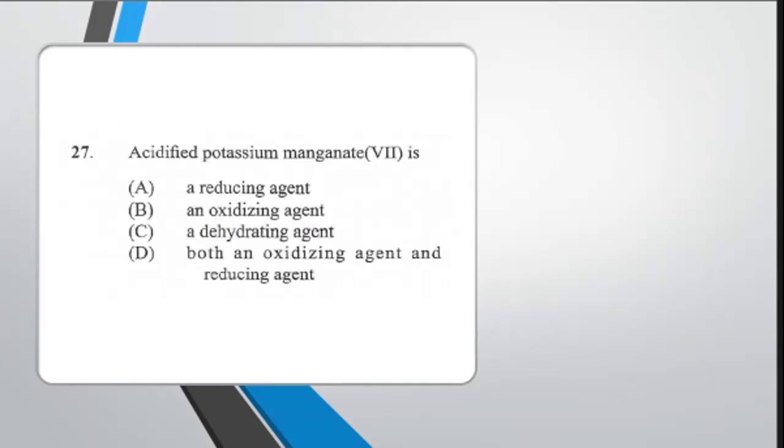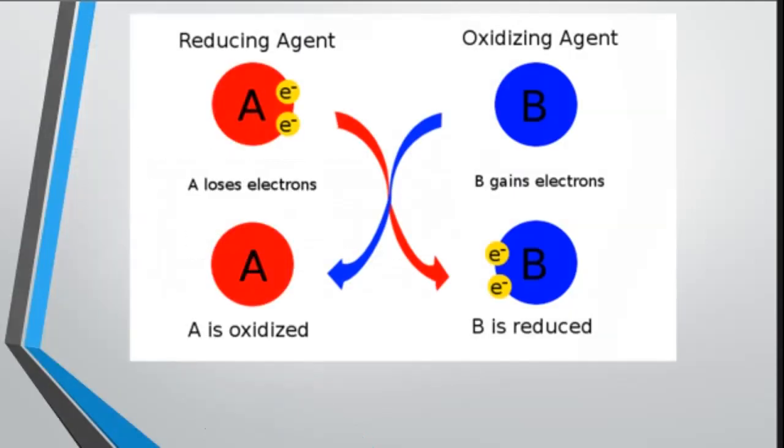All right. Acidified potassium manganate 7 is, they have reducing agent, oxidizing agent, a dehydrating agent, both an oxidizing agent and reducing agent. Let's see. A reducing agent loses electrons, but is itself oxidized. An oxidizing agent gains electrons, but is itself reduced. Okay, that much we know.